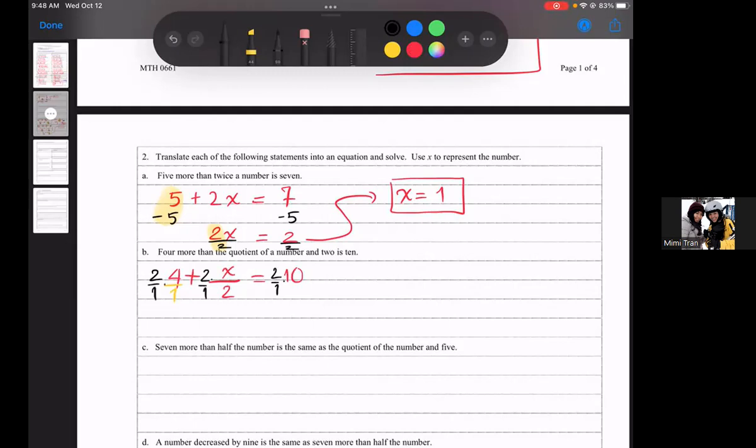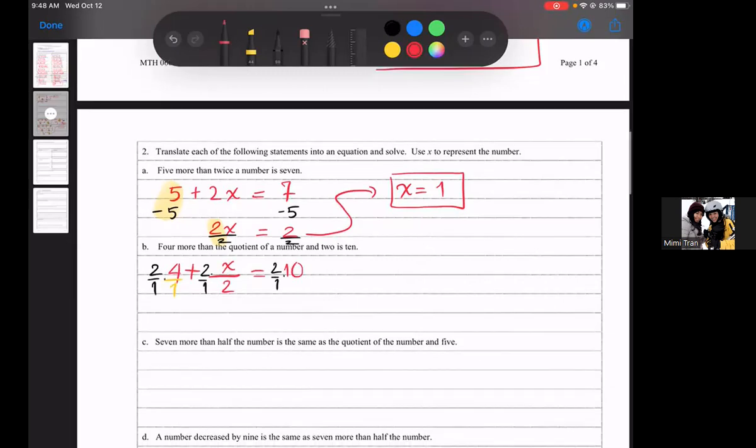All right. So 8 plus, the 2 here and the 2 here cancel right here. That's what we want, right? This just leaves me X equals 2 times 10 is 20. Subtract 8 from both sides.